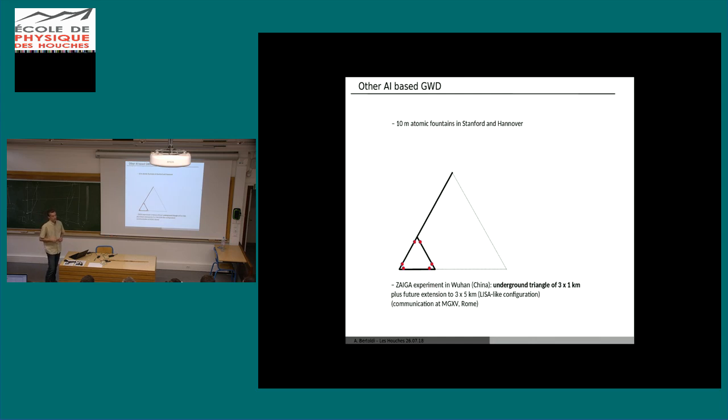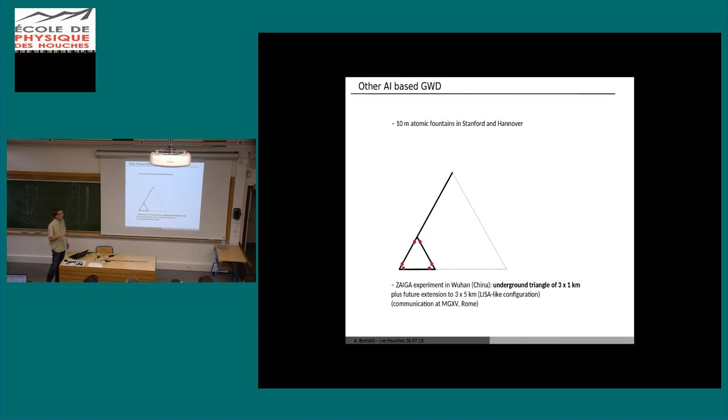One is a 10-meter fountain in Stanford, so they proposed first to use atom interferometers to make this kind of search. And then there is another one. There was a 10-minute presentation early in July at the Marcel Grossmann conference in Rome. There is a Chinese group in Wuhan that has been financed, they said, to build Zaiga, it's called.